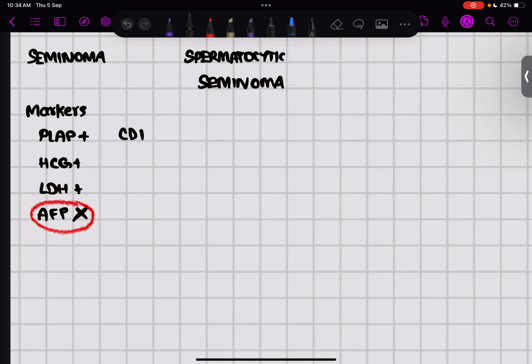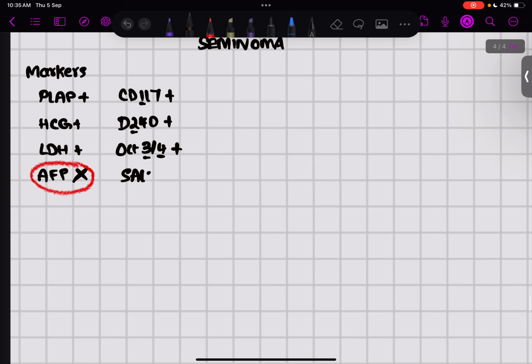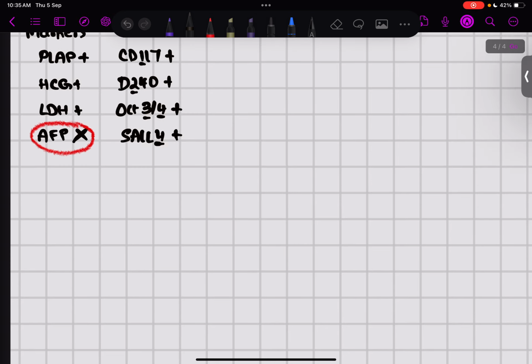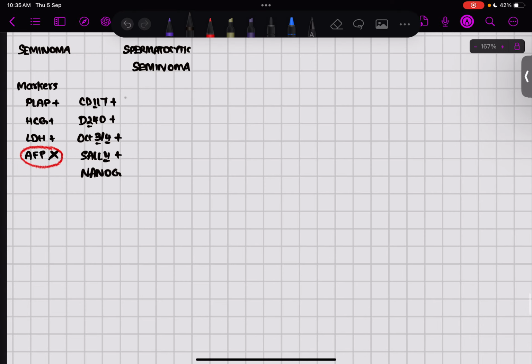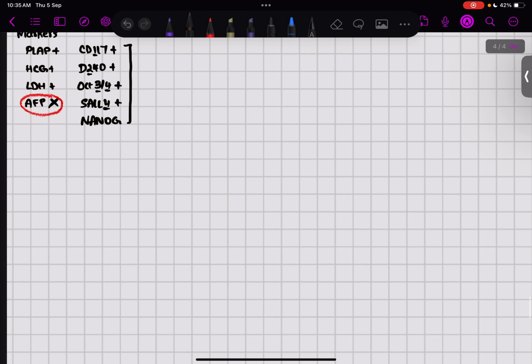CD117 positive 1, D2-40 positive 2, OCT3/4 positive 3 and 4, SALL4 positive 4, NANOG. This is 5. These are the new markers.